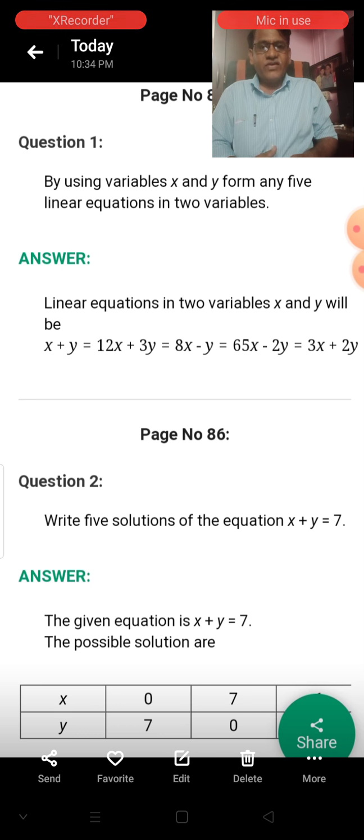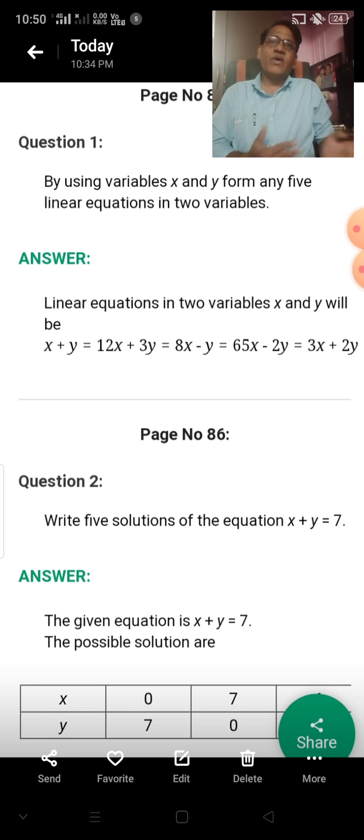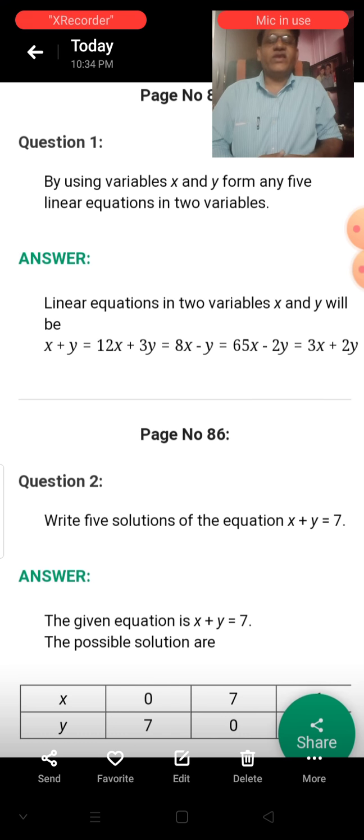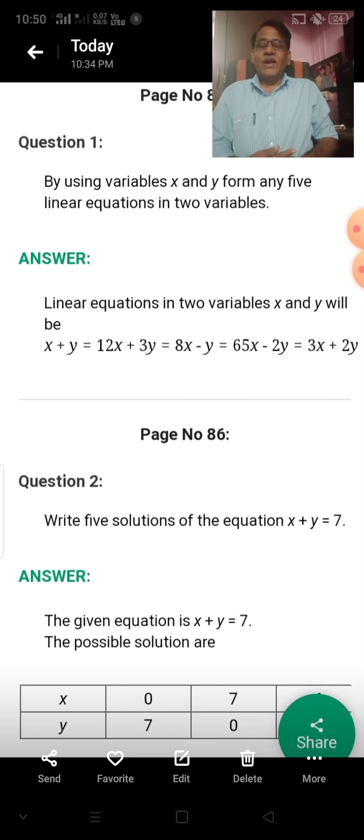Linear means all the variables have power 1 only. For example, x plus y is equal to 12, or 2x plus 3y is equal to 18, or a plus b is equal to 15, or 3a plus 5b is equal to 18. All these are linear equations in two variables.